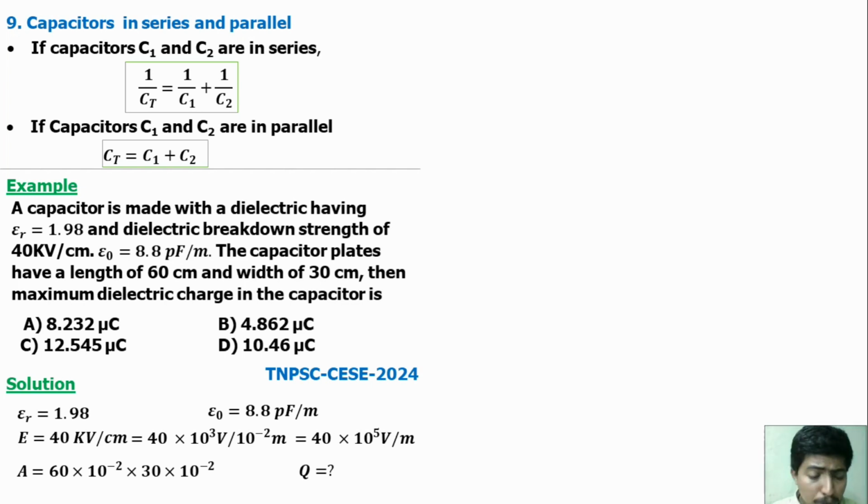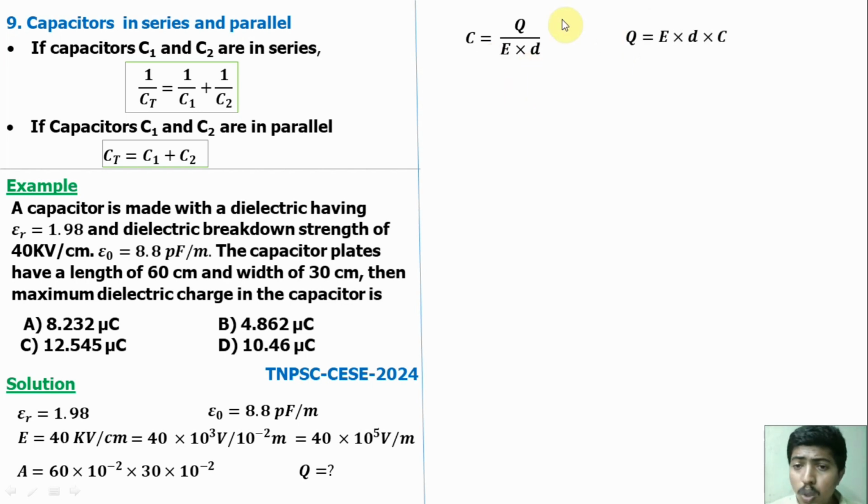Okay. So from the given parameters, the formula is capacitance is equal to Q by E into D. We know that. Here the unknown parameters are charge and capacitance. Electric field and D are given. From that we can find Q is equal to E into D into C, capacitance.